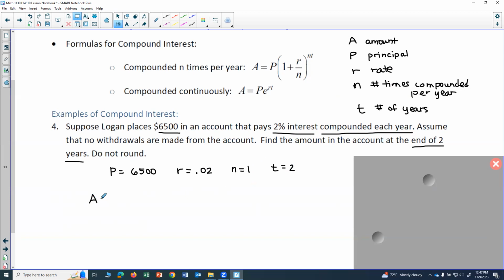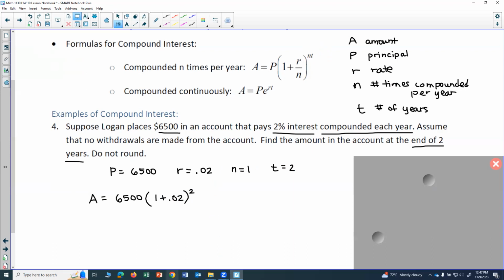So the amount after 2 years is going to be 6,500(1 plus 0.02). N is 1, and I don't have to write dividing by 1 because if I divided by 1, I would just get the 0.02. And again, N is 1, so when I do an exponent of 1 times 2, I'm just going to get a 2 up here.